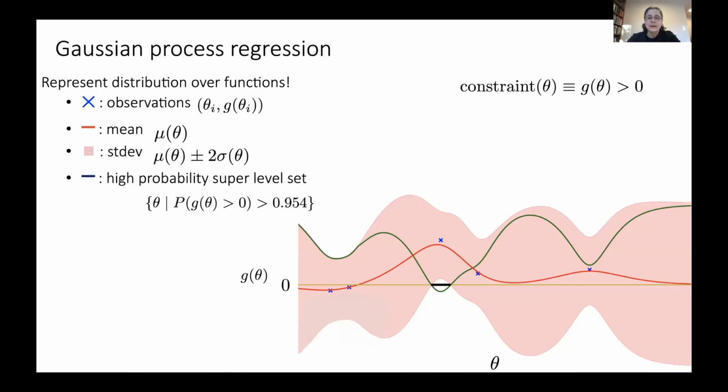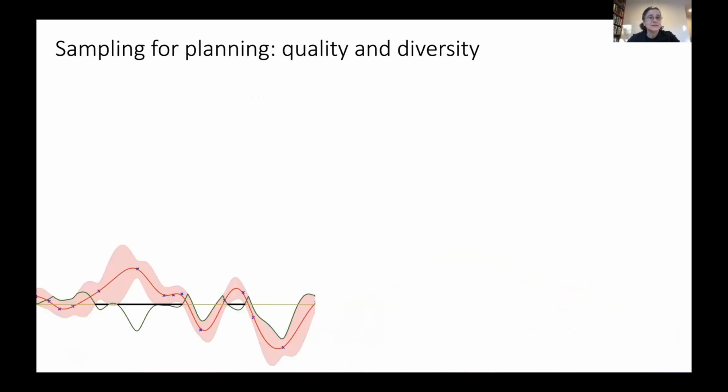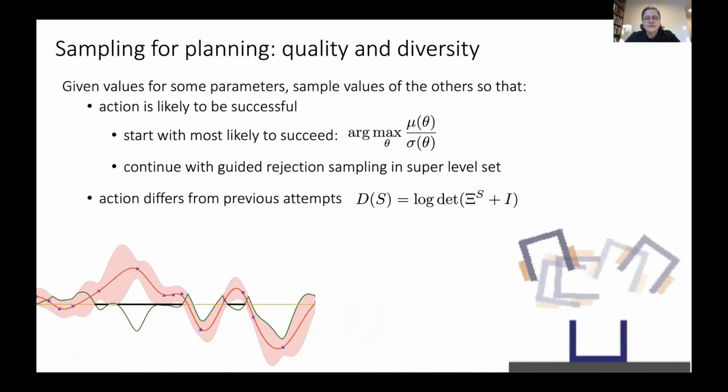We use a GP because it gives us an understanding of where we're certain and uncertain about the space, so it also helps us drive exploration. We can sample in places where we're uncertain, hoping to be more sure about where the pouring will be effective. Another reason for learning a Gaussian process, which is learning a scoring function that maps possible pouring arrangements into how good they are, is that it lets us do sampling later on.